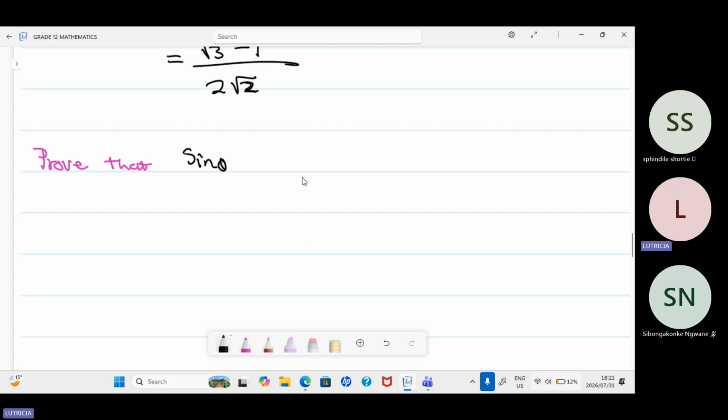Or like this, and then you have to prove that it is equal to sine theta cos beta like this.